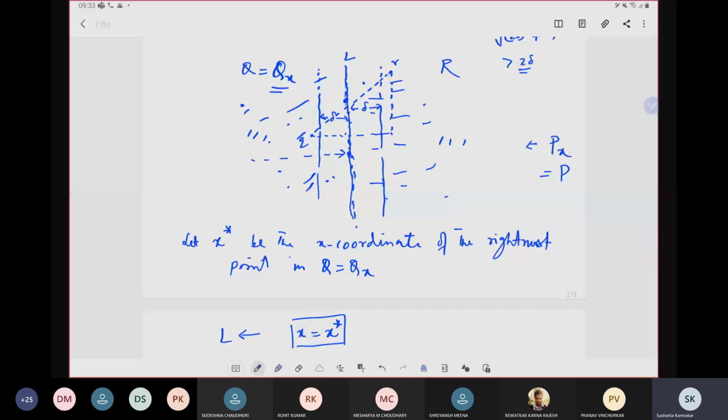We can search in this shaded region, this vertical strip.